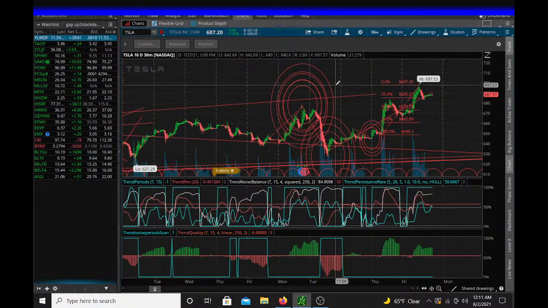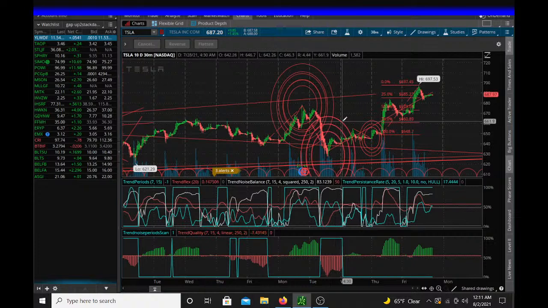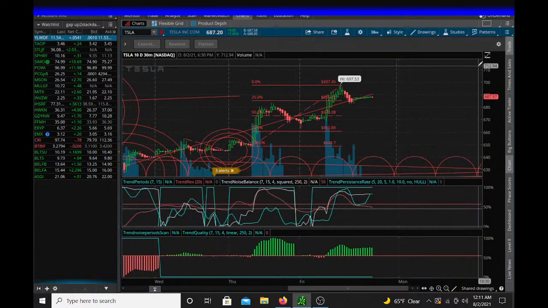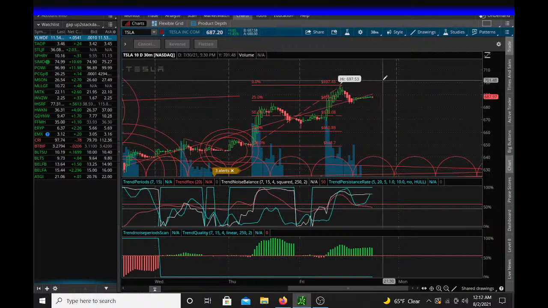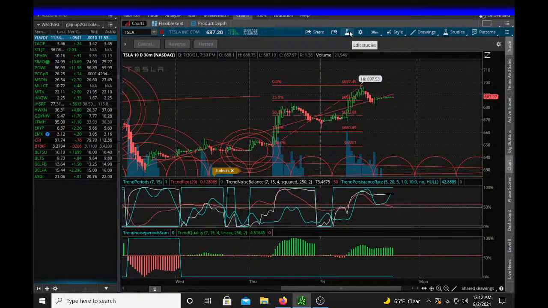And we may even be looking for particular 1, 2, 3, or 1 to 5, and then a 3 correction move, and then another 3 to 5 with a 3 correction move, and so on. Or that would be a zigzag pattern. Okay. So there's some gap up stocks there.